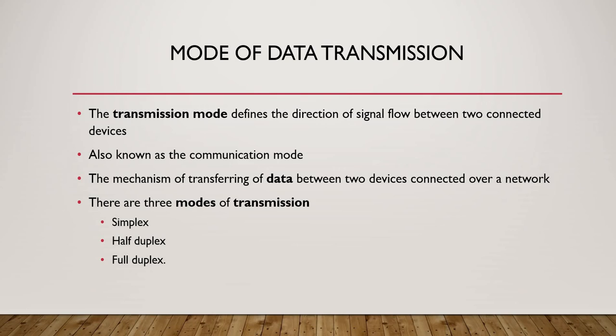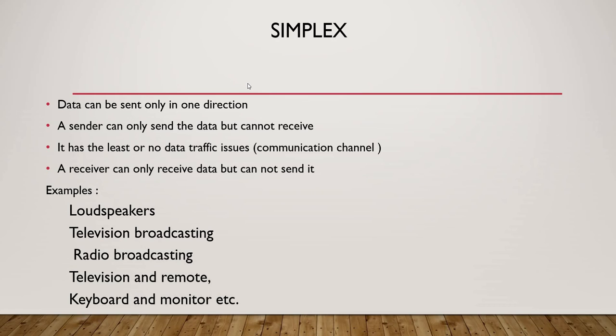The mechanism of transmitting data between two devices connected over a network is known as data transmission mode or communication mode. We have three modes of transmission: simplex, half duplex, and full duplex.